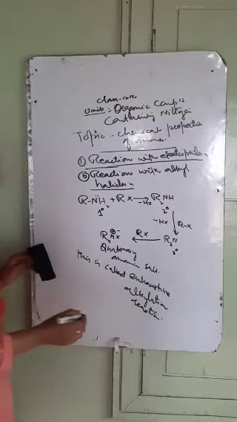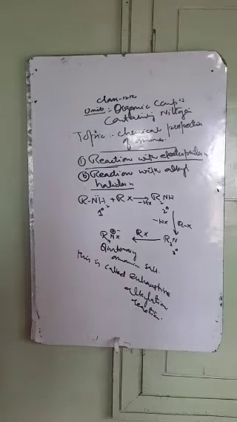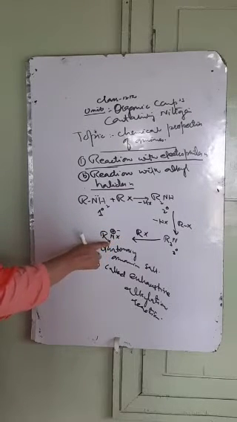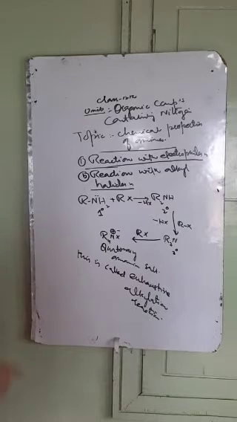Now what is exhaustive alkylation reaction? It is simply the reaction of the amines, primary, secondary and tertiary amines, with the excess of the alkyl halides, where primary, secondary and tertiary amines are converted into the quaternary ammonium salts. This reaction is called as exhaustive alkylation reaction. This was the second important reaction of these amines with alkyl halides.